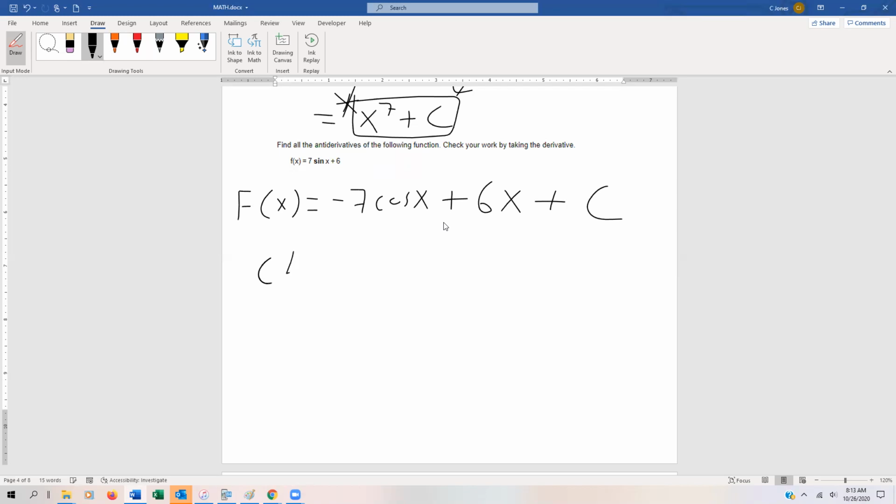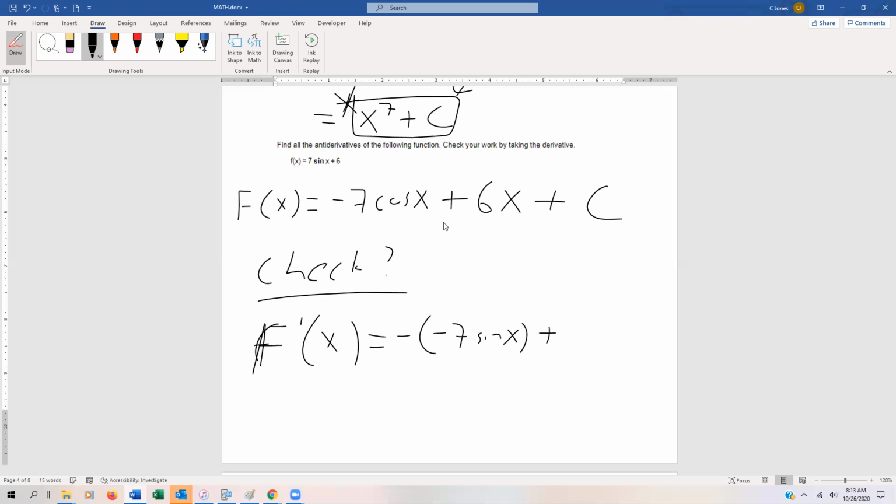Now, how do we check this? Well, we take the derivative, capital F prime. We know that the derivative of cosine is negative sine, so this is going to be the opposite of negative 7 sine x. The derivative of 6x is 6, and the derivative of constant c is 0.